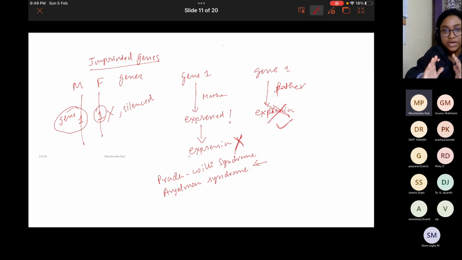So this is imprinted genes and imprinting disorders. This will be discussed in detail in subsequent weeks, week 1, week 2, where sir may talk more about Prader-Willi syndrome and how imprinted genes are inherited through generations, the pattern of inheritance.